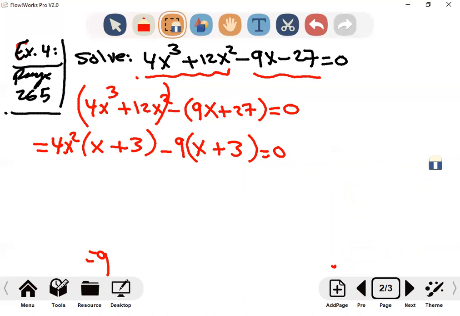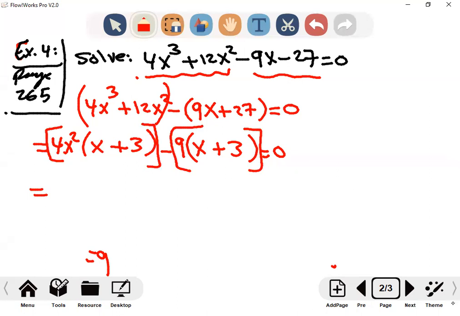Now here, look what I will do. I have a common factor now. What is it? X plus 3 is a common factor between how many terms do we have in general here? I have two terms. I have the first term here, right? And the second term here. In these two terms, I have a GCF.